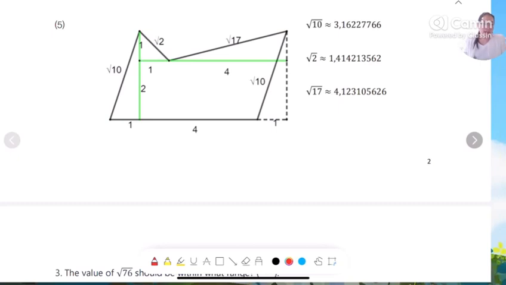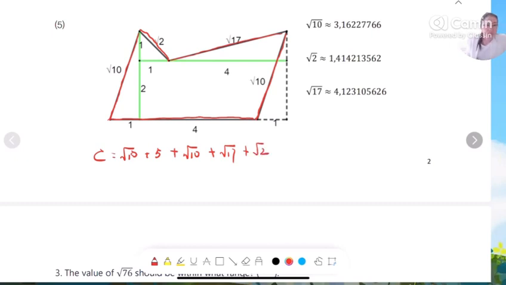Exercise 5 is an irregular figure, with the perimeter being the length of the outer sides. The dashed line is not part of the perimeter. C is equal to the square root of 10 plus 5 plus the square root of 10 plus the square root of 17 plus the square root of 2.